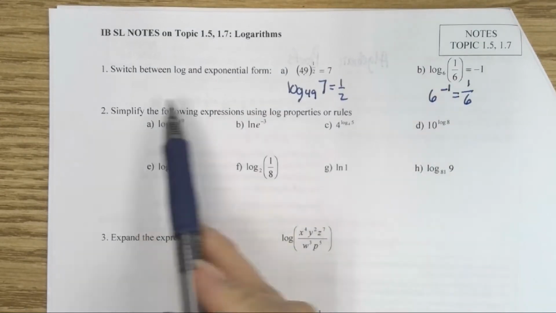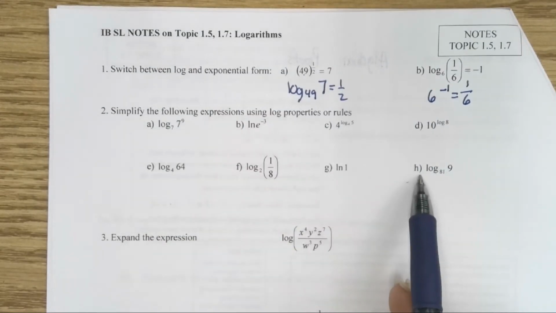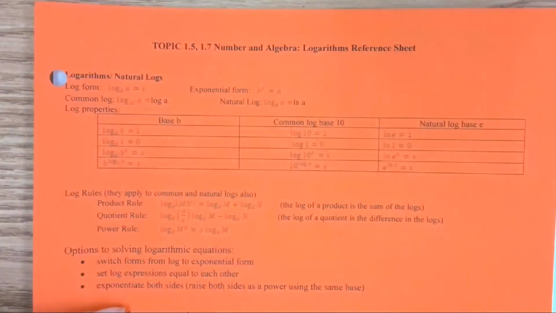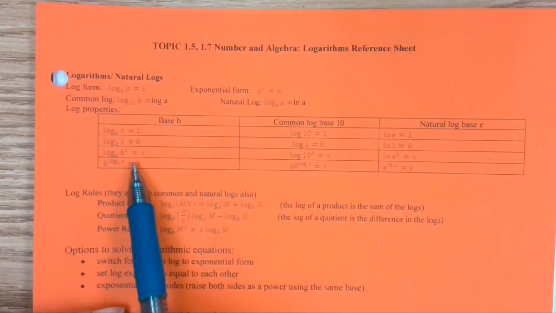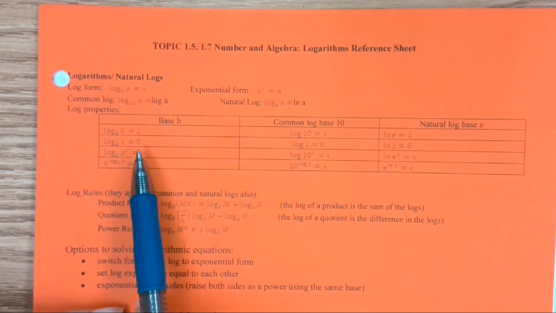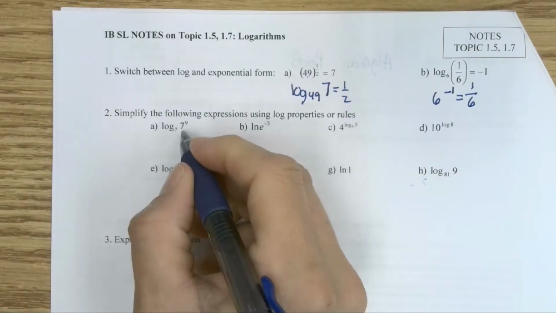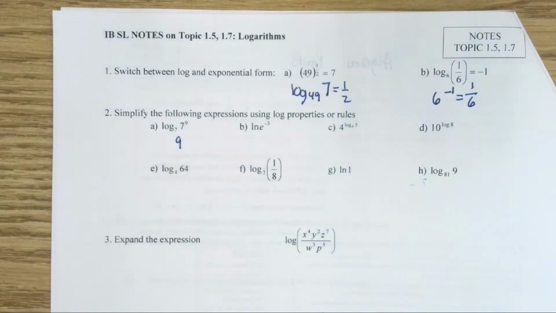All right, the next section is illustrating those log properties that were in the box on your log reference sheet. And so we're just looking for examples of these 4 properties. So when you have log base 7 of 7 to the 9, when the base of the log and the base of that argument match, that simplifies all the way down to the 9.